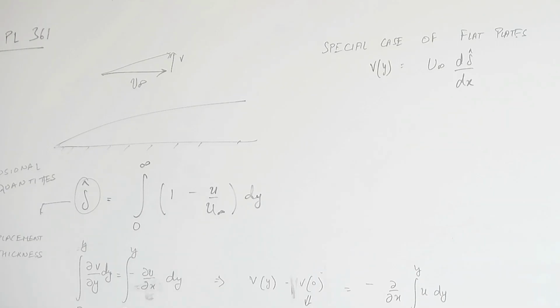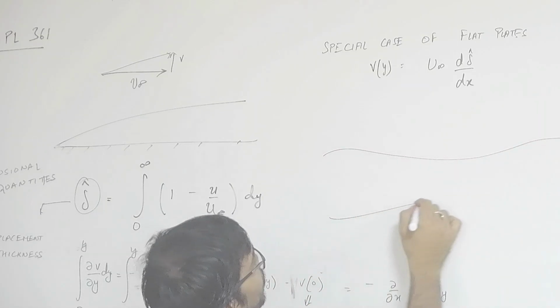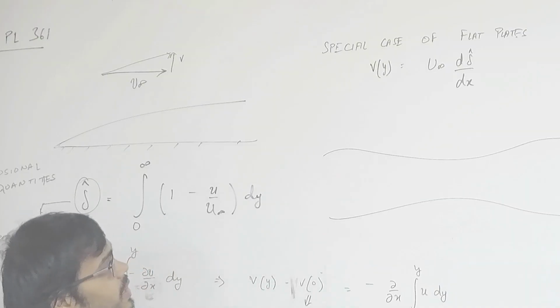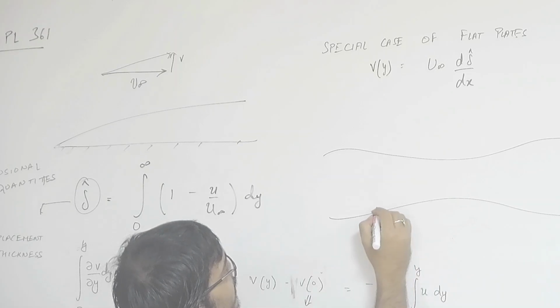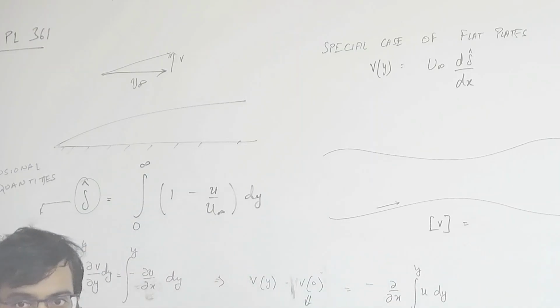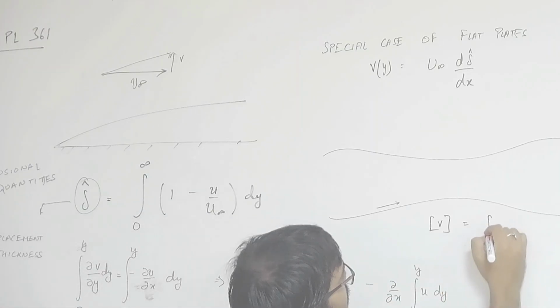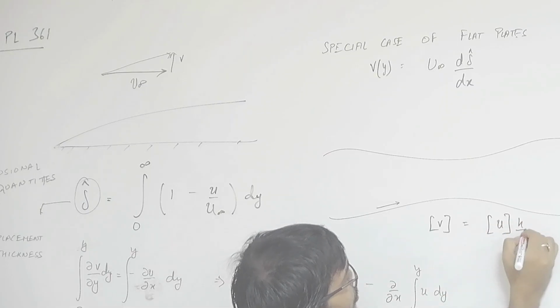If you go back to your lubrication approximation, when we were looking at flow inside channels with varying height, then we had derived that the y direction velocity scale is the x direction velocity scale times h over L.